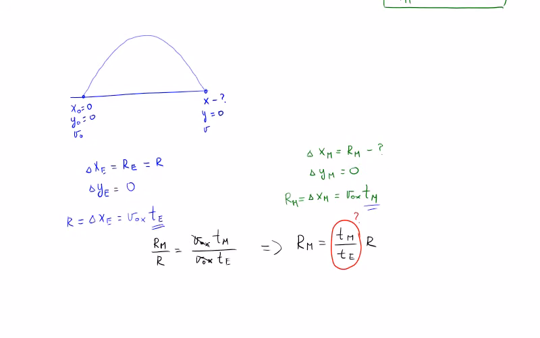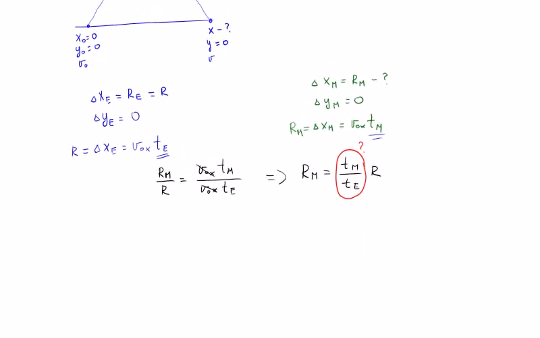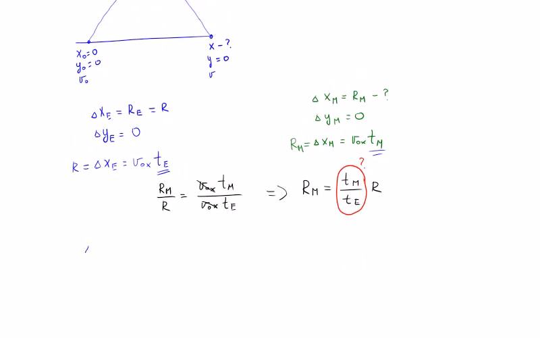So for that reason, I'm going to go to the y component of this motion. Let's start with the earth. I can say delta y on the earth equals 0 equals v naught y t on the earth plus 1/2 a y.